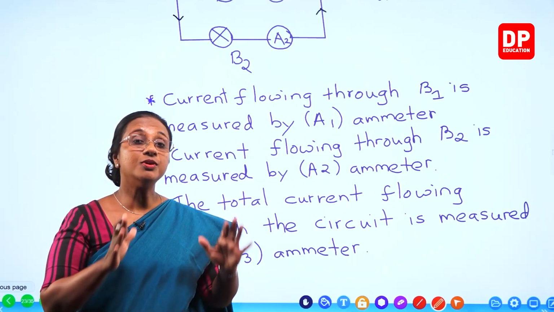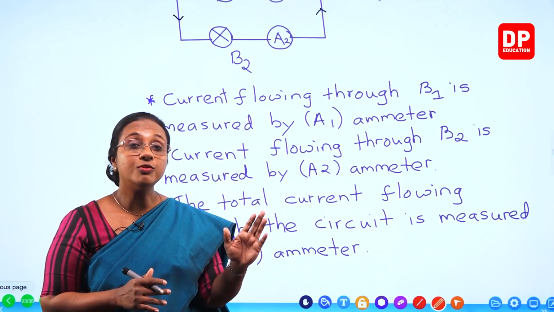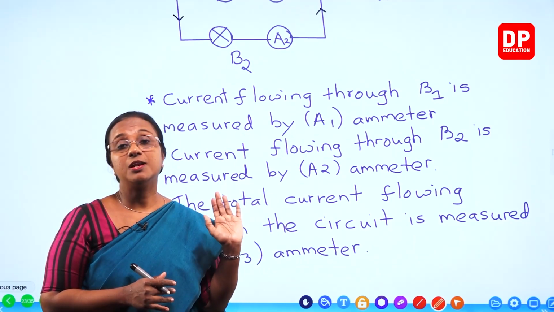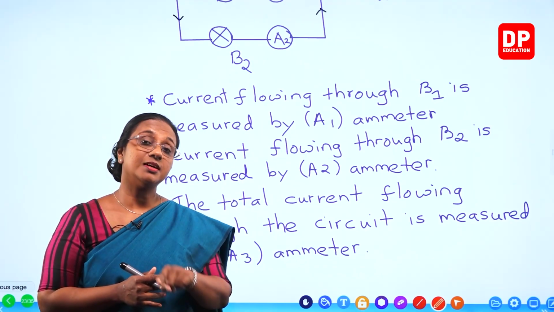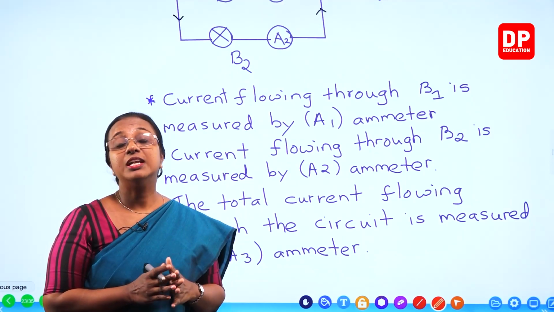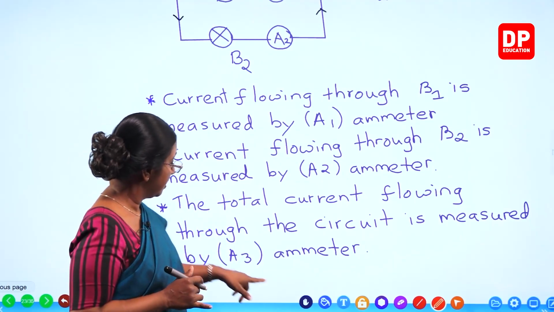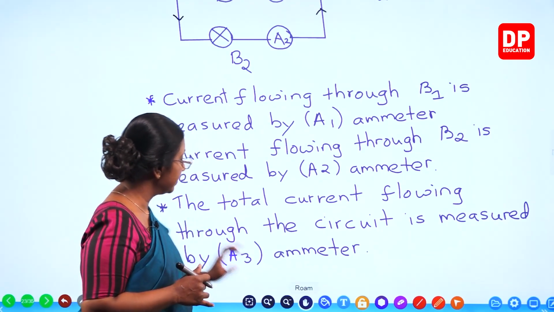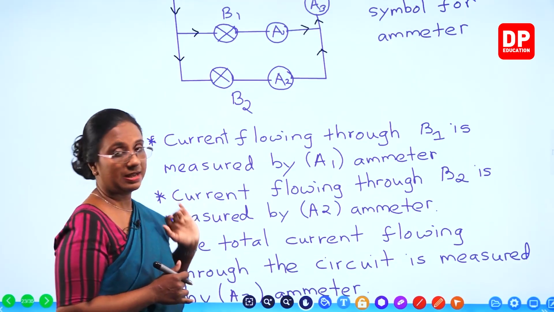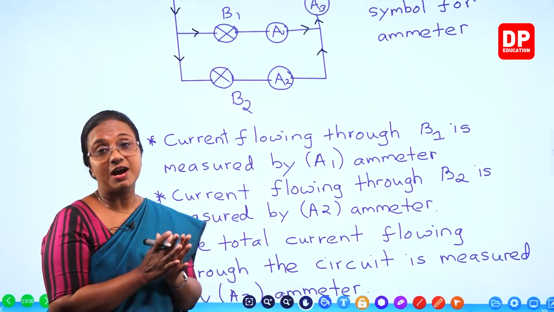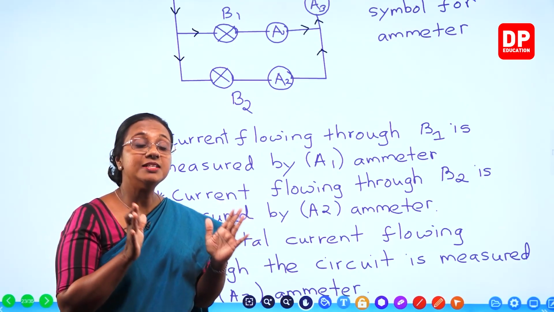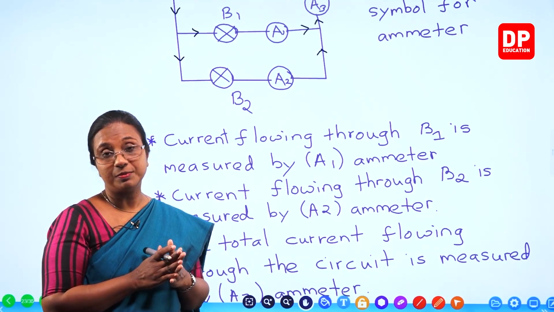And also you all know the conventional current flows from the positive terminal of the battery through the circuit and the conductors to the negative terminal of the battery. And when there are bulbs or instruments connected in this manner, current divides, and it divides based on the resistance of the path.